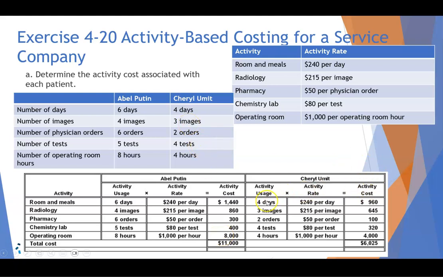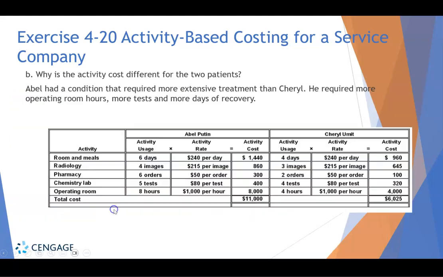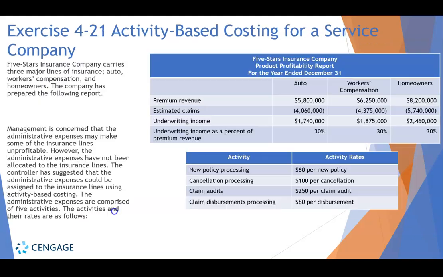Cheryl's, based on the number of days and the various activities, is $6,025. Abel was in longer, had double the operating room, and more radiology, pharmacy, and chemistry. Abel obviously had a condition that required more extensive treatment. As a result, the cost is greater.